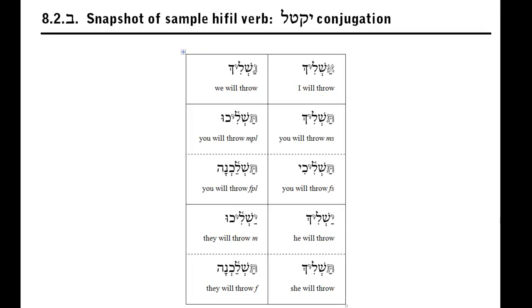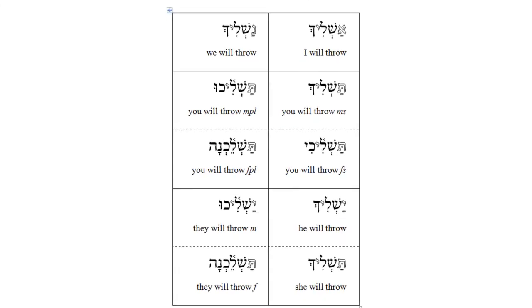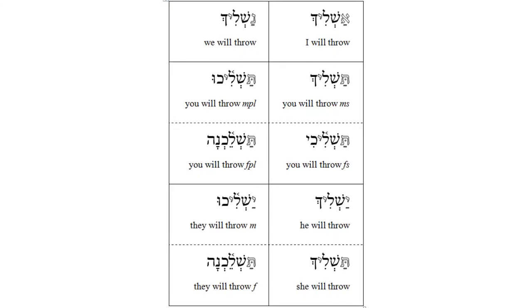Segment 8.2, snapshot of a sample Hifil verb in the Yiktol conjugation. The verb that we'll be employing is shalach, shin, lamed, kaf.